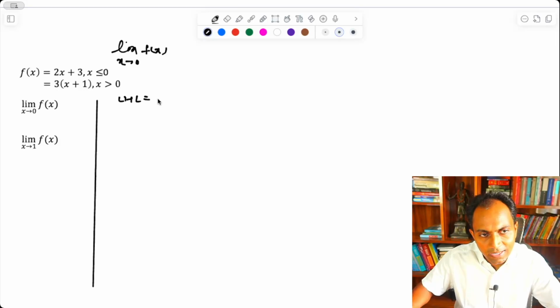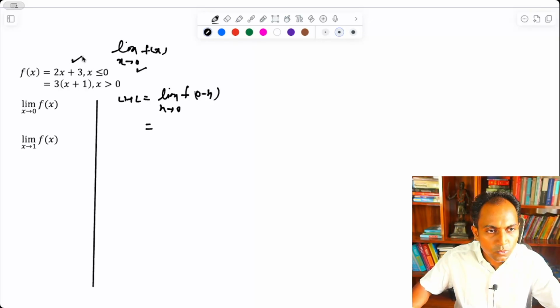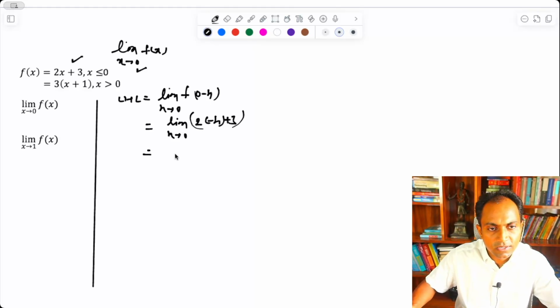And if I am finding LHL, I will write limit h tends to 0, f of 0 minus h, because again I am trying to figure out what happens at 0. If I do so, I will look into the portion that is defined for smaller than 0. So limit h tends to 0, f of 2 into minus h plus 3. After that, I can do direct substitution. Answer comes out to be 2 into 0 plus 3, or 3.